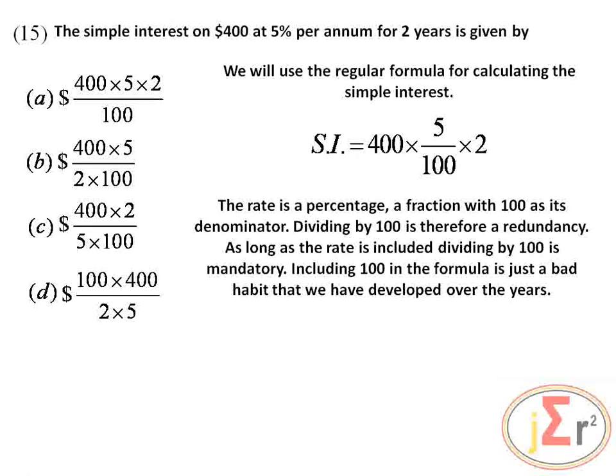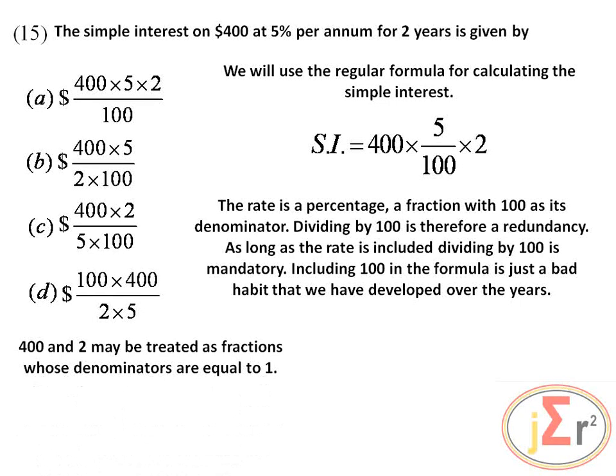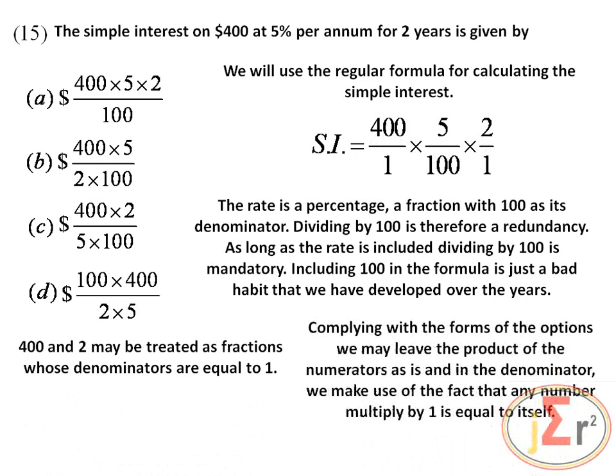And what do we make use of? 400 and 2 may be treated as fractions whose denominators are equal to 1. Complying with the forms of the options, we may leave the product of the numerators as is, and in the denominator we make use of the fact that any number multiplied by 1 is equal to itself.